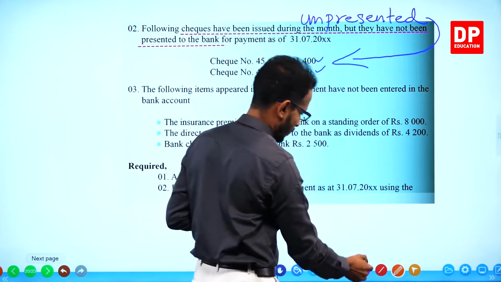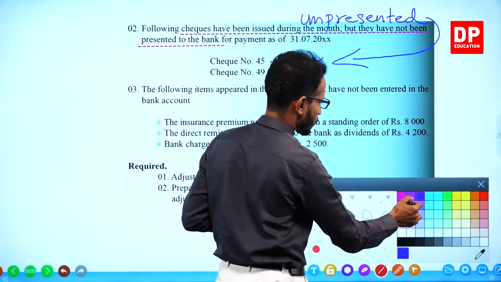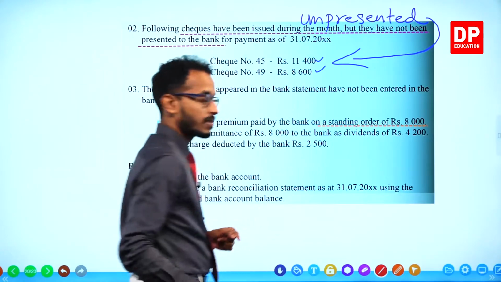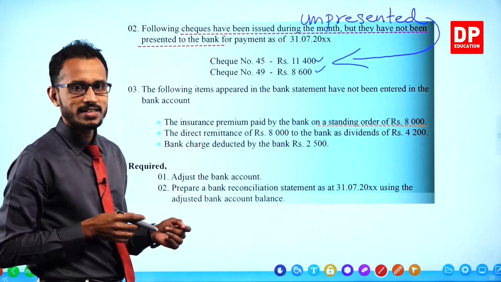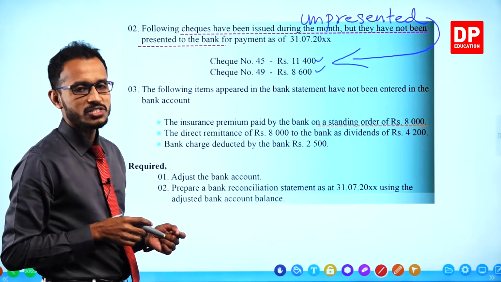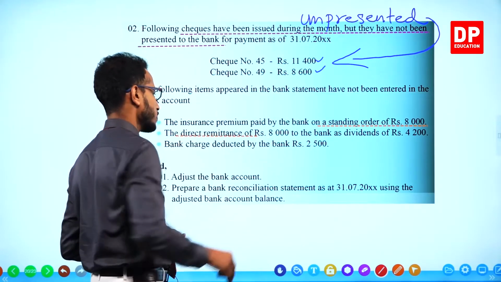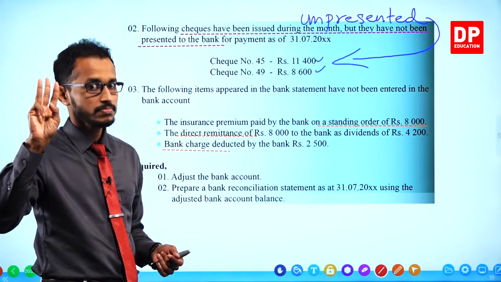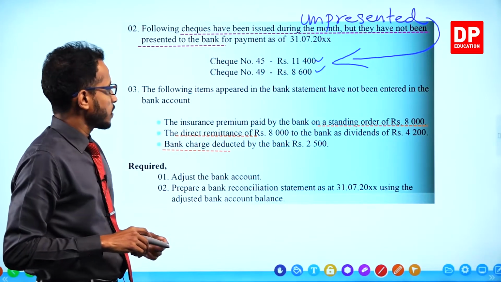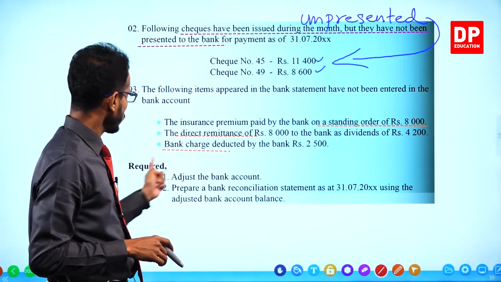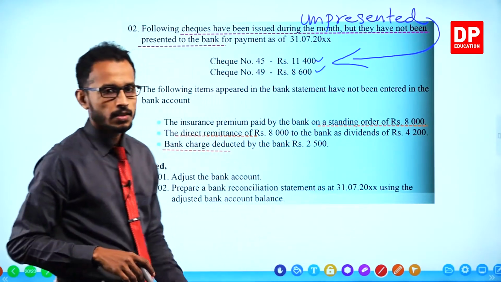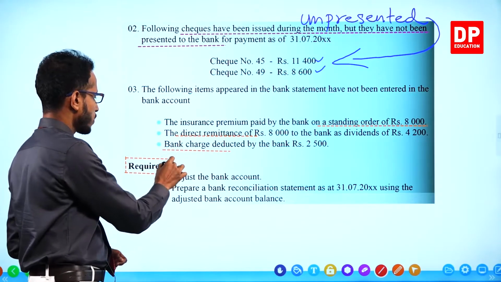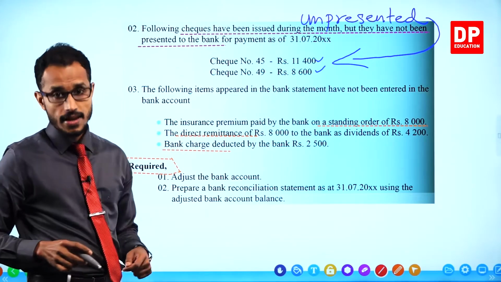Standing orders, direct remittances, bank charges. That's it. Adjust the bank account and prepare the reconciliation statement. Two things to do, and we are going to do it right now.